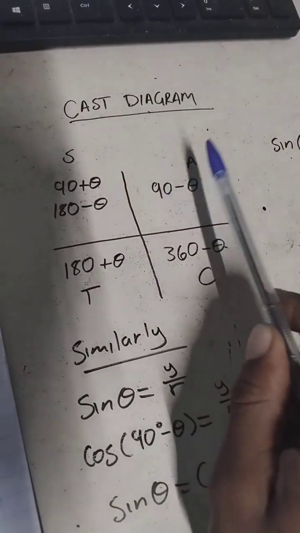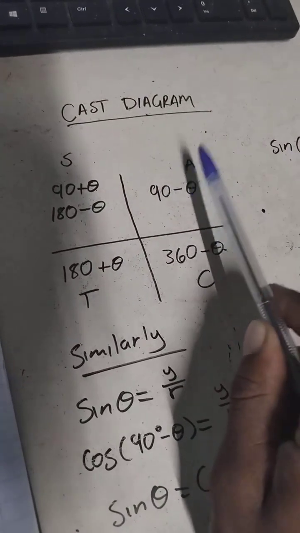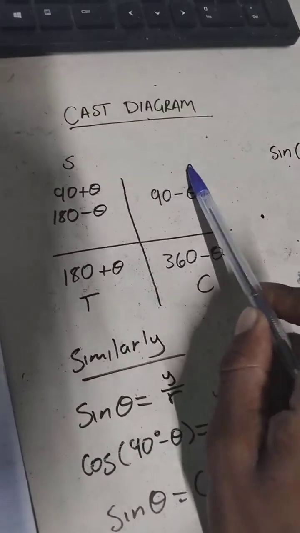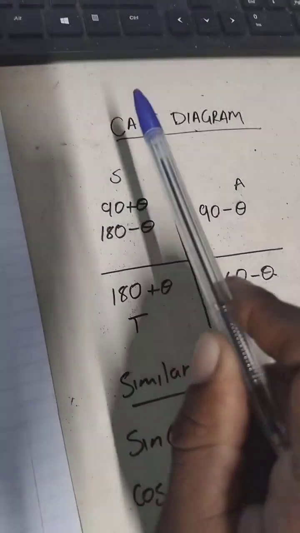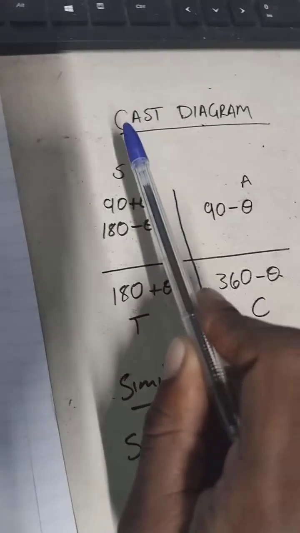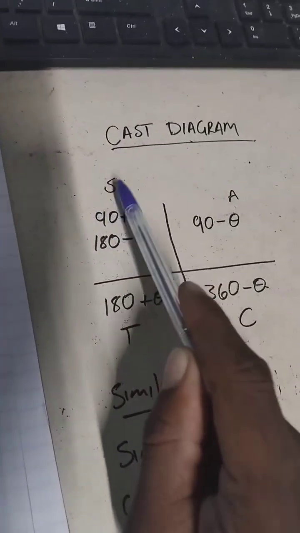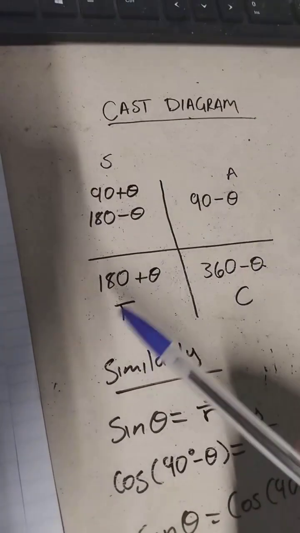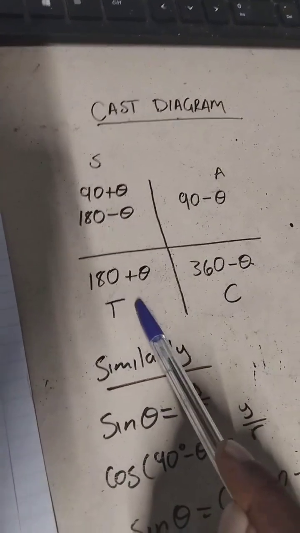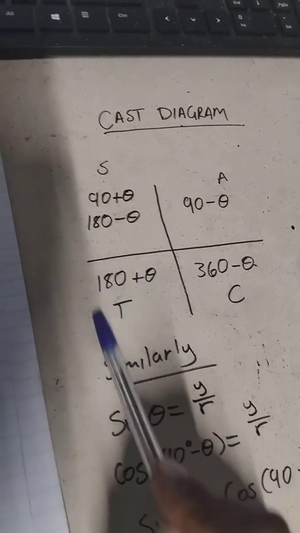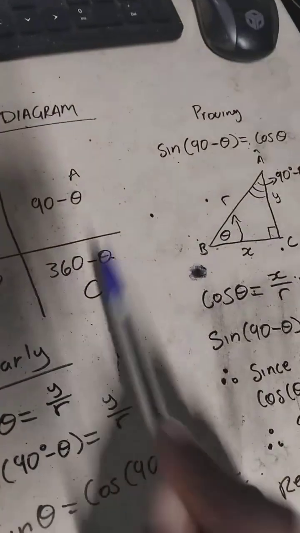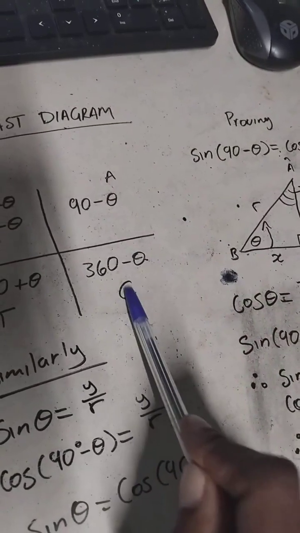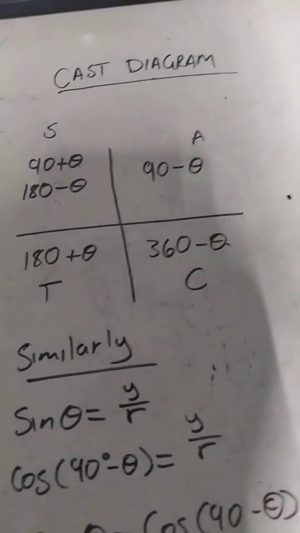All trig ratios are positive in the first quadrant. Sine is positive in the second quadrant. Tan is positive in the third quadrant, and cos is positive in the fourth quadrant. Then I believe we cleared the air. Now we're on the same page.